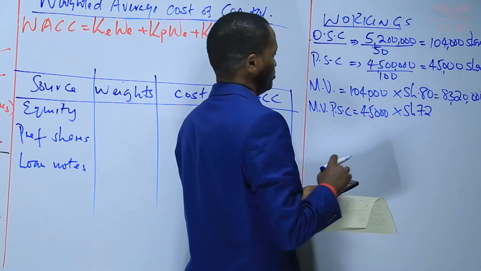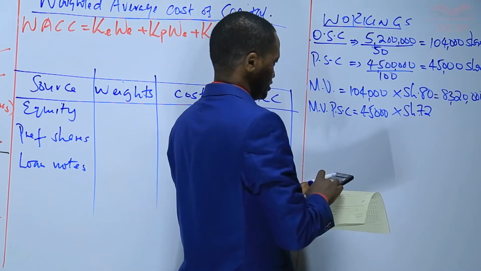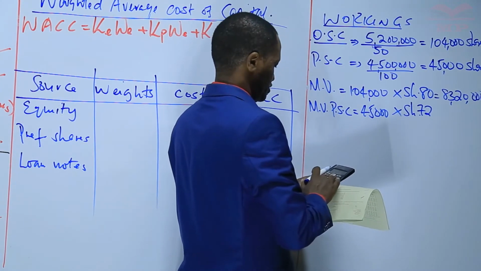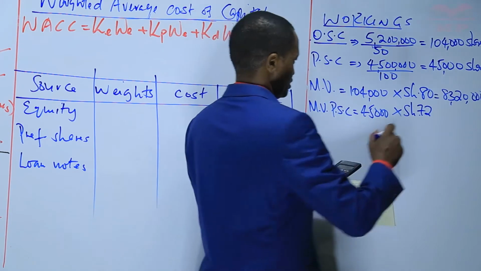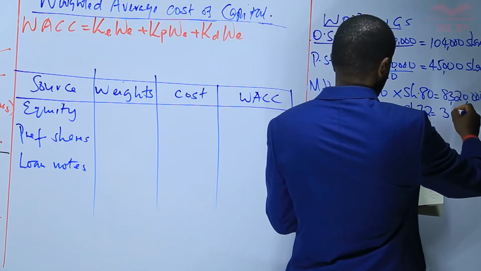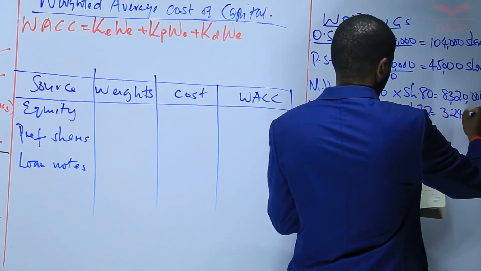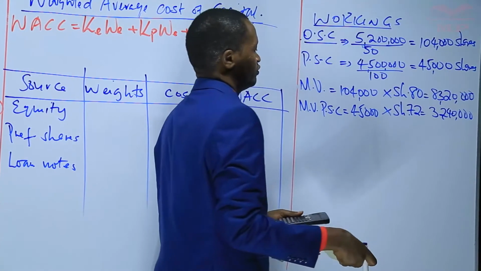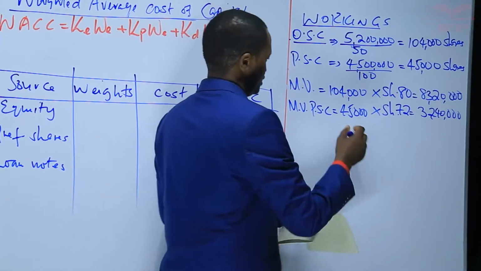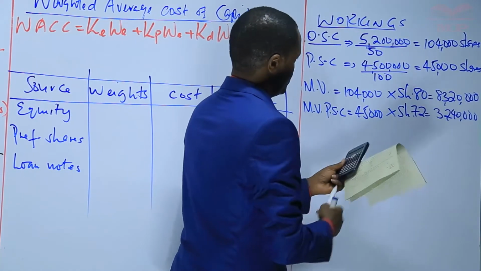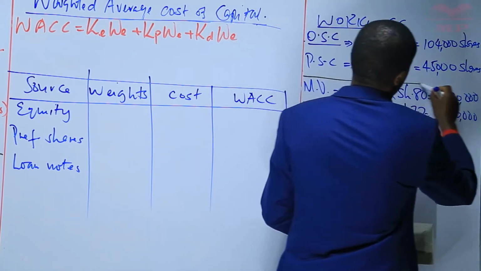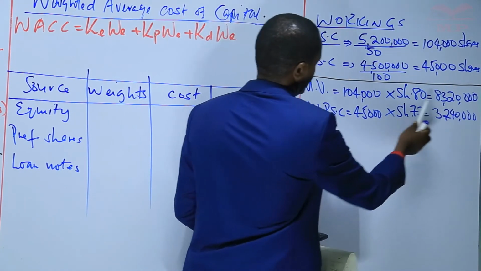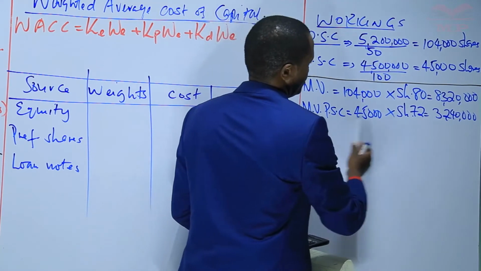That's the market value of ordinary shares. 45,000 times 72 is 3,240,000. These are market values of ordinary shares and market value of preference share capital.